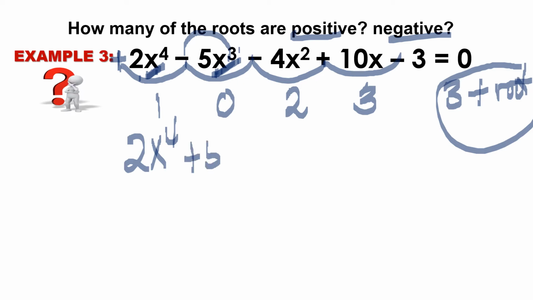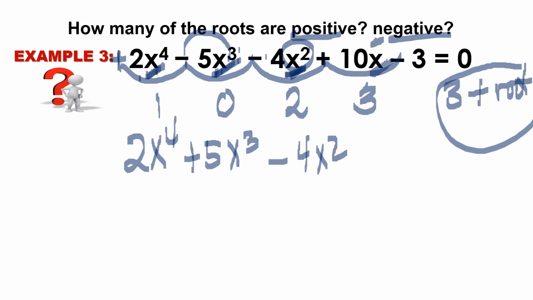So positive 5x cubed. Here, if x is negative, then negative squared is positive times negative outside. So negative 4x squared. And if x here is negative, it's negative times positive 10. So negative 10x. Then simply copy minus 3 is equal to 0.